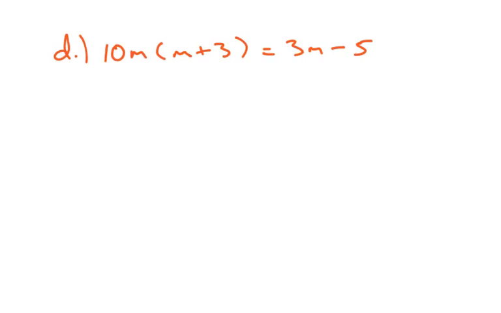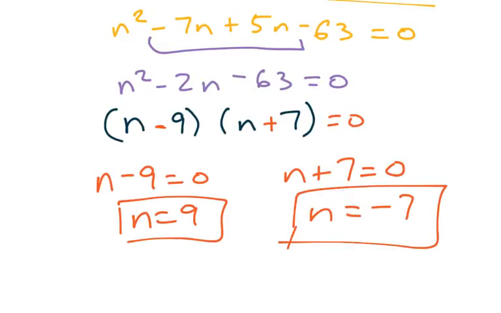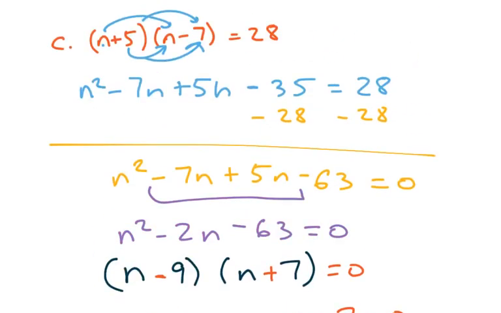One more. 10m times quantity m plus 3 equals 3m minus 5. To start this one off, I'm going to distribute into both. 10m squared plus 30m equals 3m minus 5. From here, just like on the previous question, it's not equal to 0, so we've got to make it equal to 0.